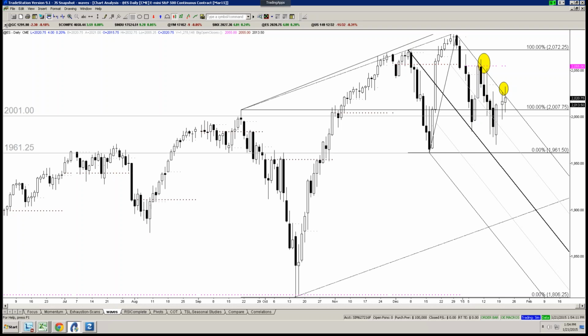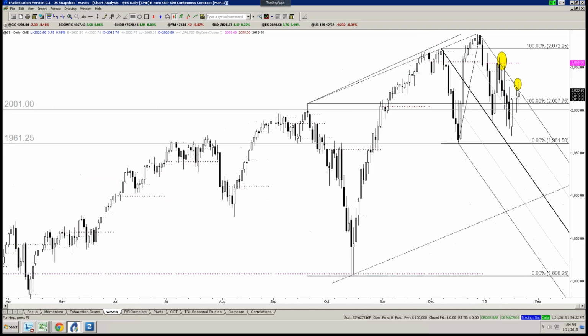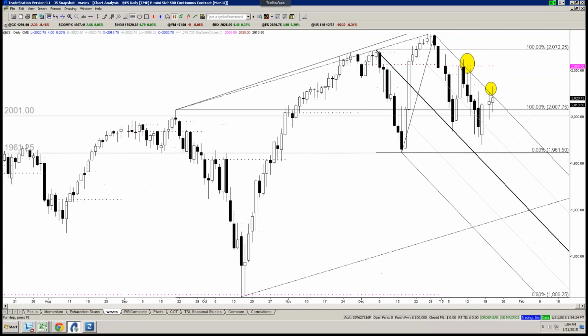Since November, we've actually had a settlement in the VIX above 20, 14 times. So that's telling you that things are getting a little more two-way, a little more scary. Okay?